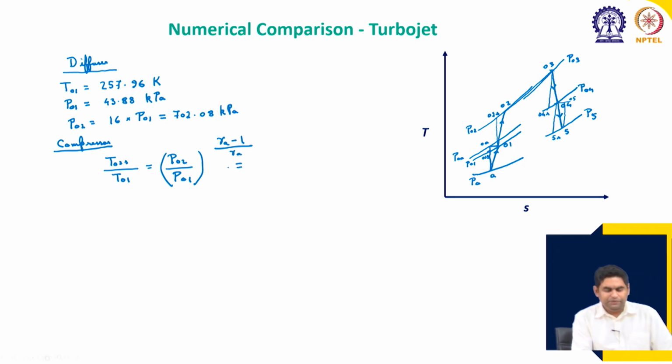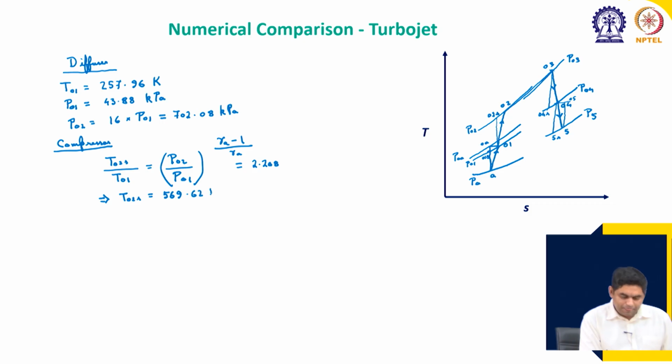So, P02 by P01 we already know is equal to 16. So, T02s by T01 comes out equal to 2.208, which gives us the value of T02s. This comes out to be equal to 569.62 Kelvin. Okay. So, T02s is found.